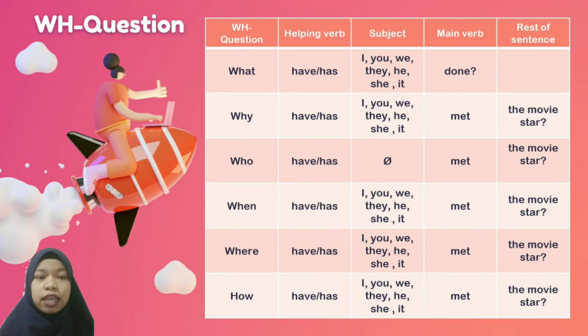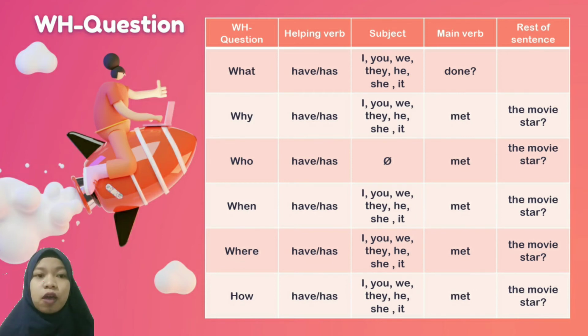And then for why, have or has, subject, main verb and the rest of sentence, the movie stars. So the example is, why have you met the movie stars? So do with who, but who has no subject. So the pattern is who have or has met, the main verb, the movie stars, the rest of sentence.